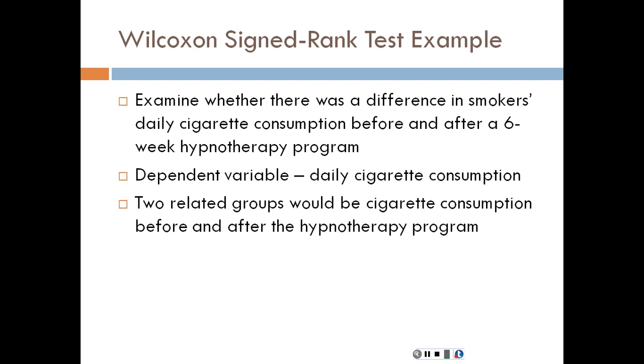And notice that there's a relationship in the groups, because it's the same group of people in both groups. The same group of people at the beginning of the program go through the hypnotherapy program, and then we examine their cigarette consumption again.